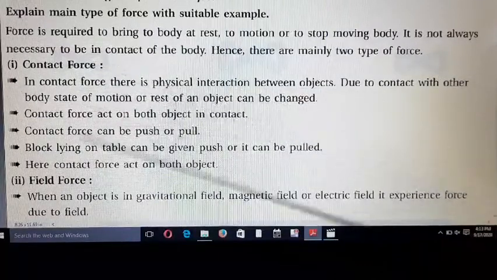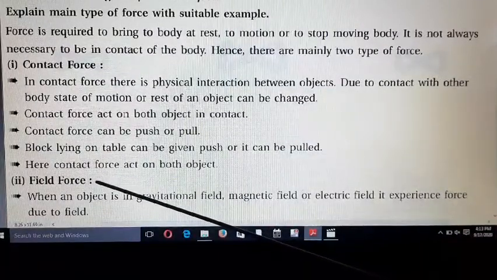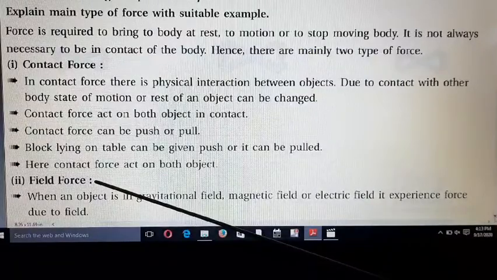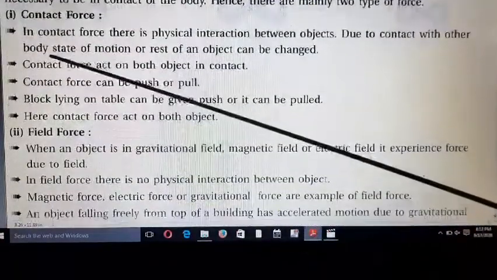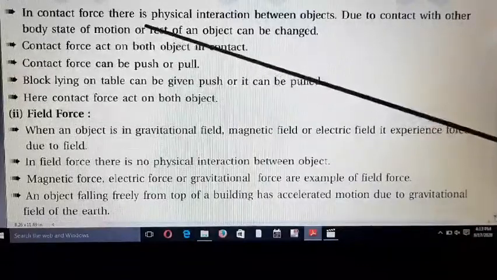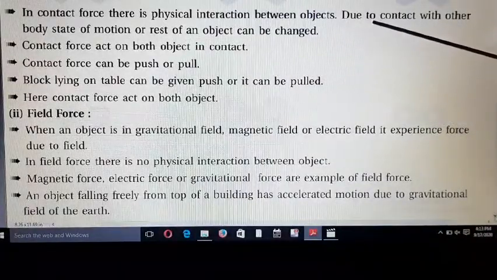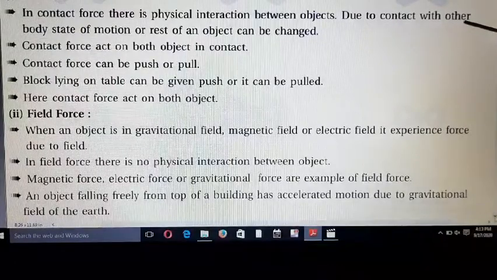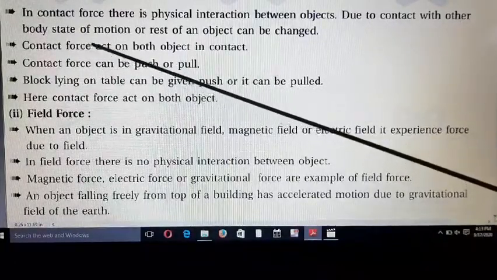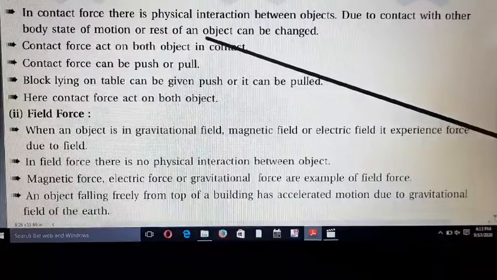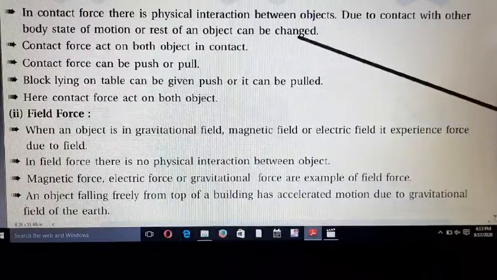First, contact force, and second, field force. Contact force. In contact force, there is physical interaction between objects, and due to contact with another body, the state of motion or rest of an object can be changed.